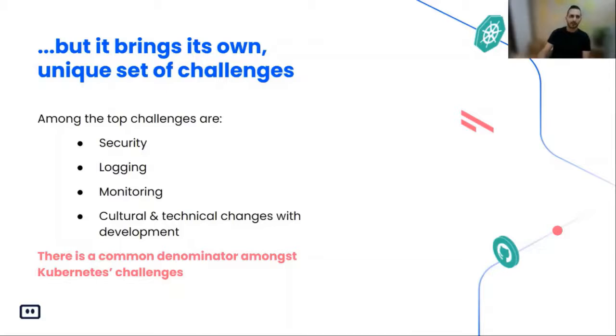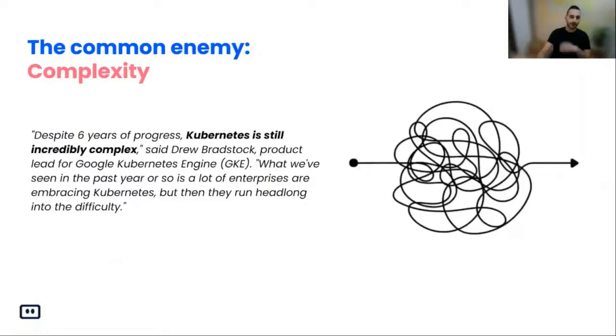I think next would probably be some changes in development, adjusting your team processes to adapt to the way Kubernetes works in regards to deployments, management, and troubleshooting of applications on Kubernetes. All of these challenges can definitely be grouped into one word: complexity.